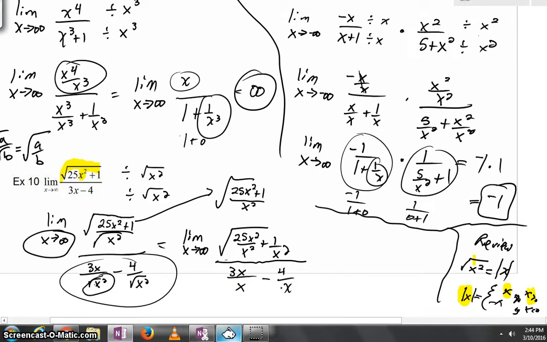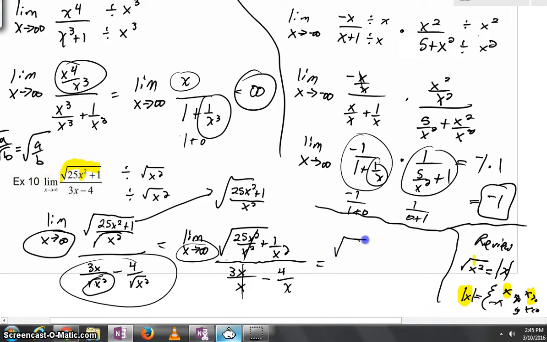Wow. So let's see if we could get this thing cleaned up. It might have a little bit of a surprise to it. Usually kids look at this and they'll say, well, wait a minute, your x squared up on the top is going to cancel out. These x's right here are going to cancel out. Yes. What's the square root of 25 plus 1 over x squared as x goes to infinity?